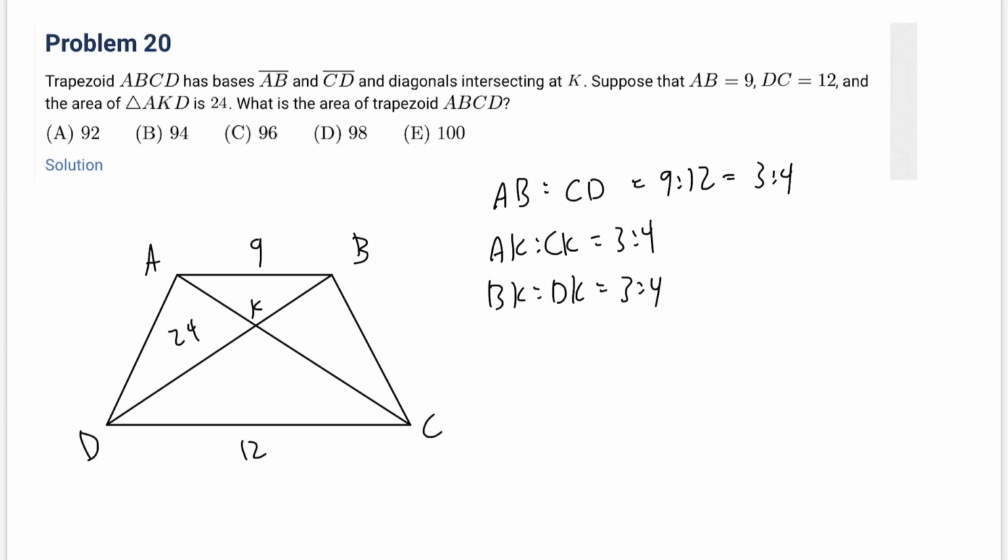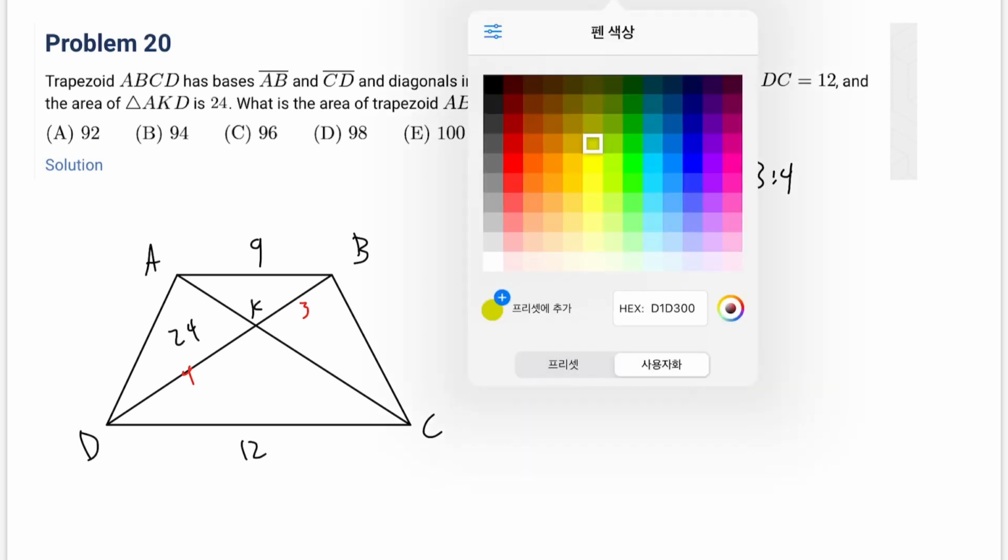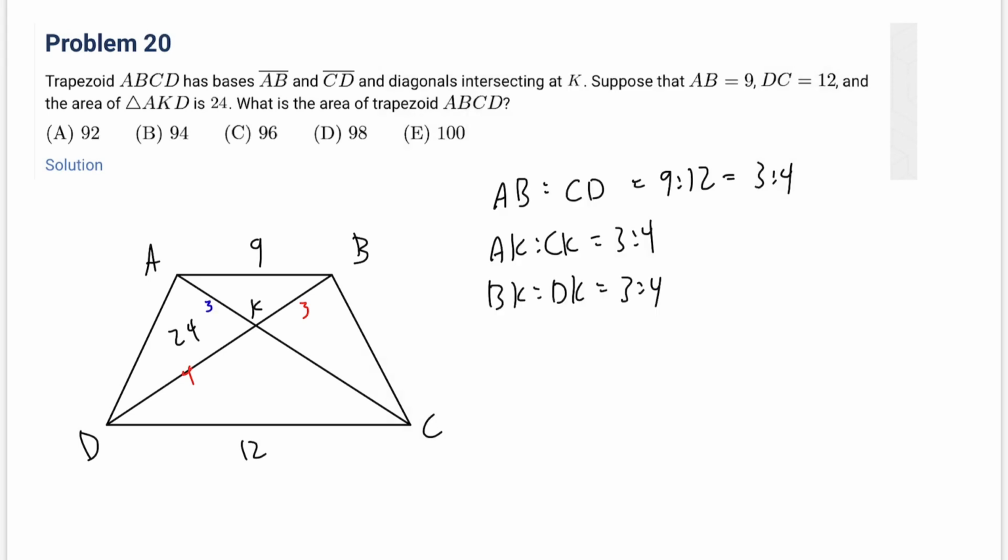Since the ratio is 3 to 4, and this ratio is 3 to 4, ABK is 24 divided by 4 times 3, which is 18. And this is 3 to 4, so this is 24 again, and this is 24 divided by 3 times 4, which is 32.